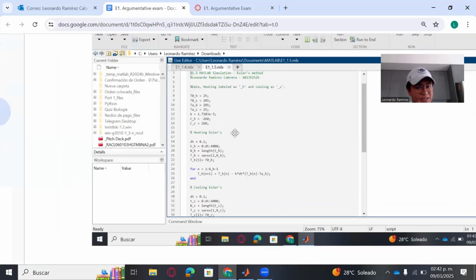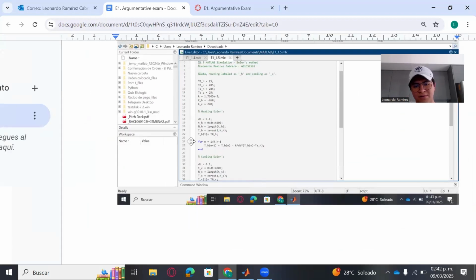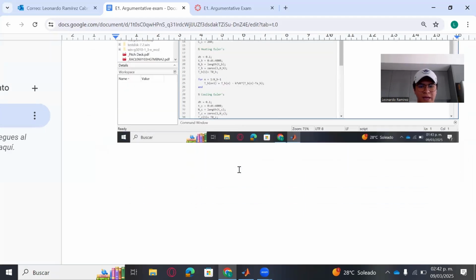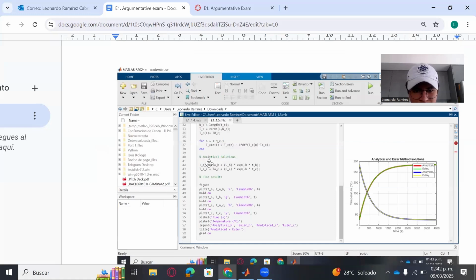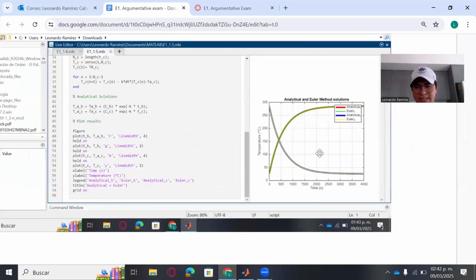And here we also have Euler's method, which was performed just as in the class activity. Here we have the for loop and the data. We have two different Euler's methods, one for heating and the other, as shown here, for cooling. We are also plotting this, and as we can see, the analytical solution of heating matches the Euler of heating, and the same with cooling.